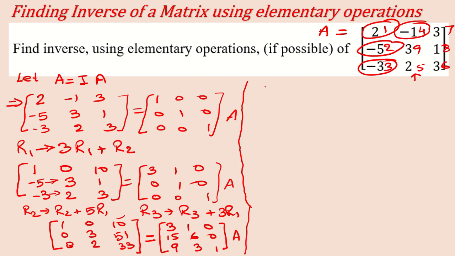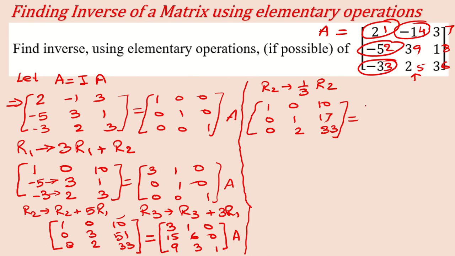So what we can do here: R2 replaced by 1 over 3 R2. So it will be just R2 only, otherwise all elements will remain the same. So it will be 1, 0, 10, then 0, 1, 17, 0, 2, 33.